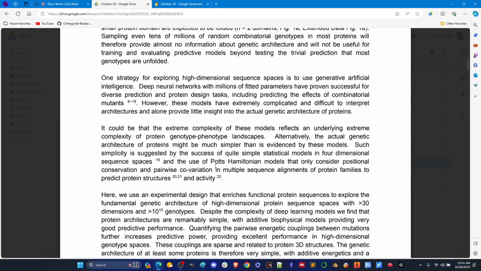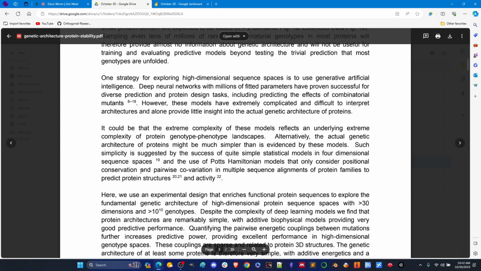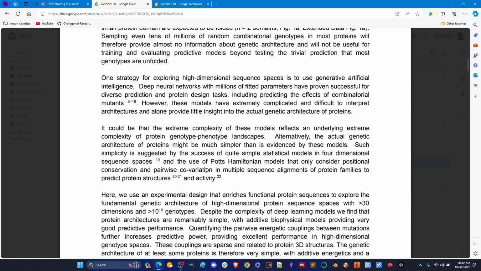And the use of Potts-Hamiltonian models that only consider positional conservation and pairwise covariation in multiple sequence alignments of protein families to predict protein structures and activity. And this is citations 20 through 22. So we talked about Potts-Hamiltonian models like we talked about earlier in the meeting, the Ising-Hamiltonian models.